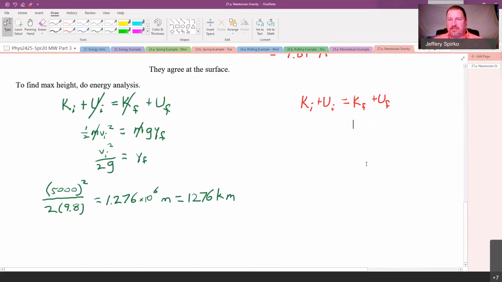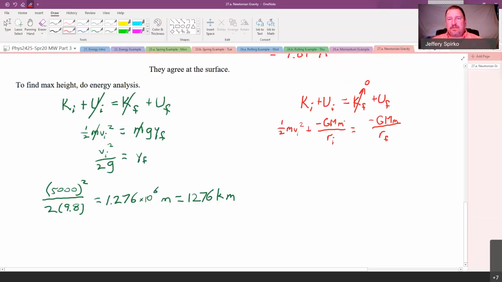We're dealing with other values of R. So we're going to have to go 1/2 mv initial squared plus negative G M m over R initial. The potential energy function does not have the R squared in the bottom. And then the K final is equal to 0. So then we're going to have minus G M m over R final.